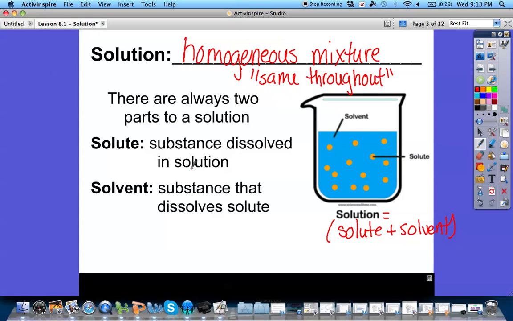So the solute is the substance that gets dissolved in solution, and the solvent is the substance that dissolves the solute. If you look here in our diagram, there is a smaller amount of solute and a larger amount of solvent.